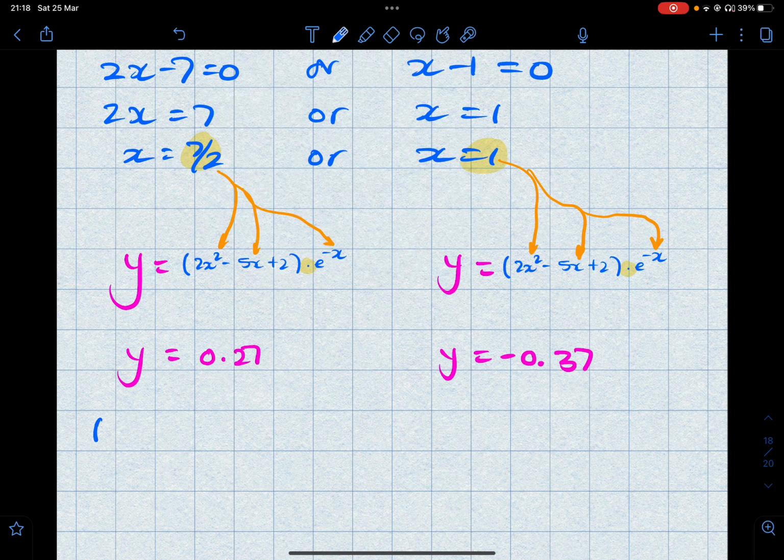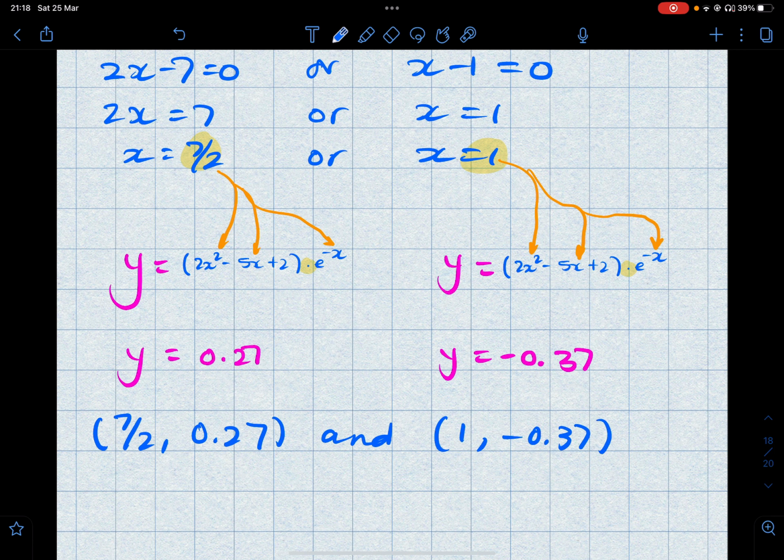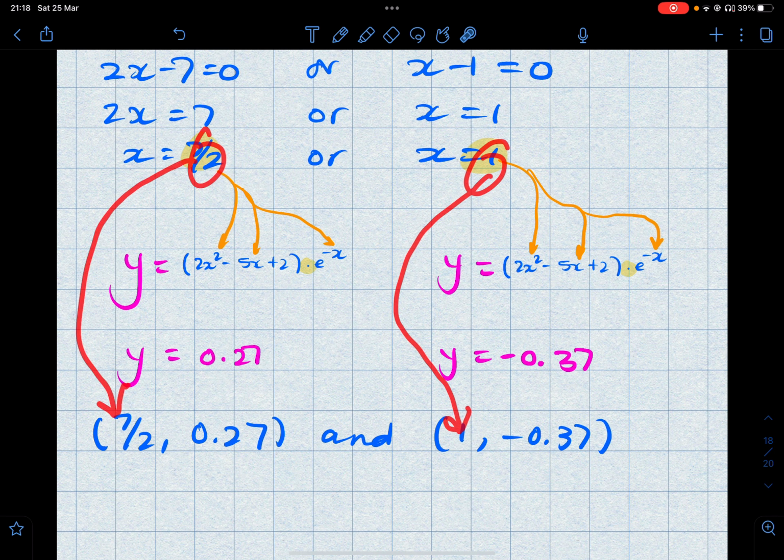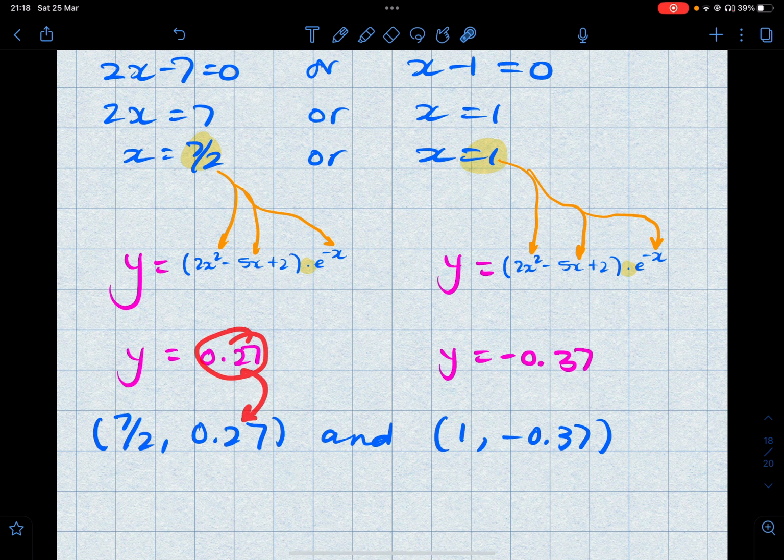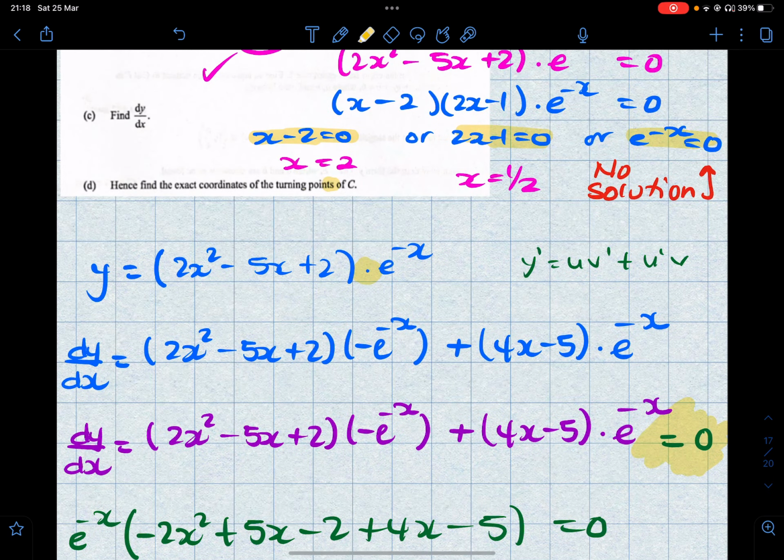So the turning points would be 7 over 2, 0.27, and 1, minus 0.37. So we're taking the x values from here that we found, and then the y values from here. So that's your final answer for this question, finding the turning points.